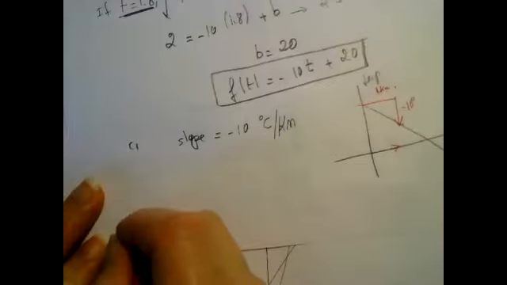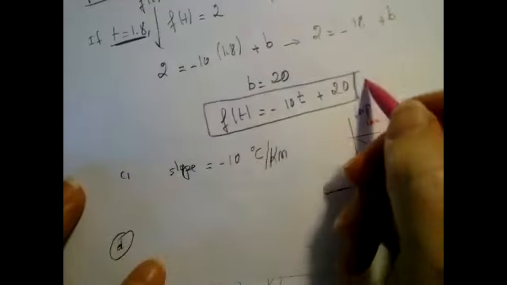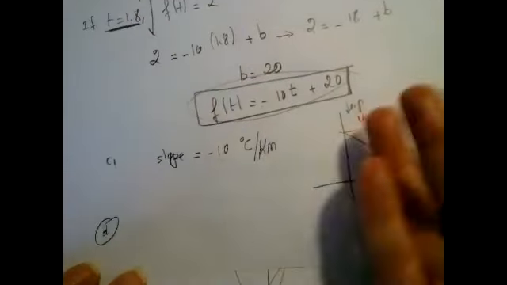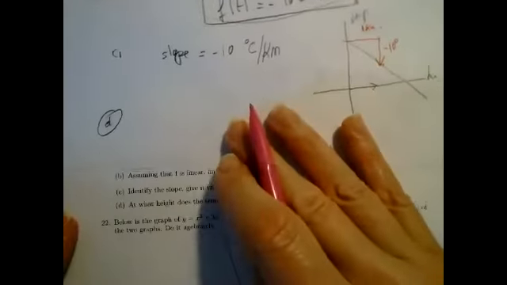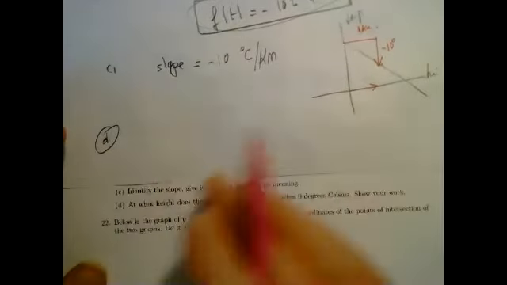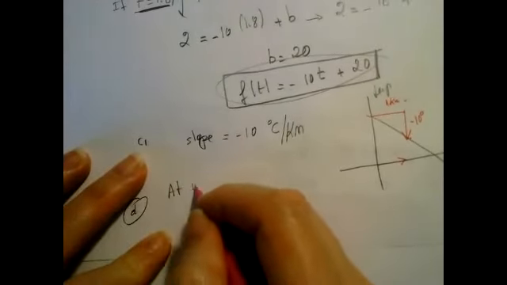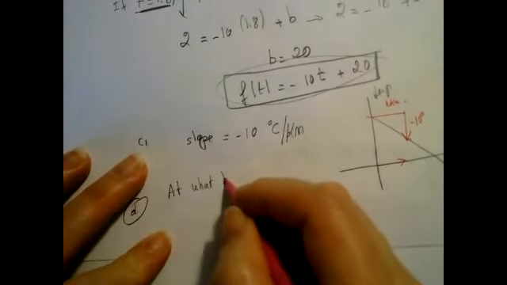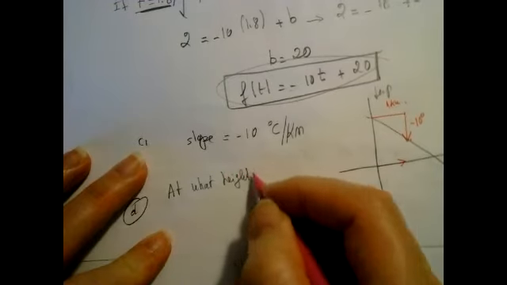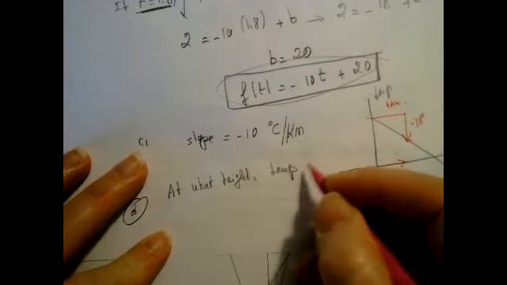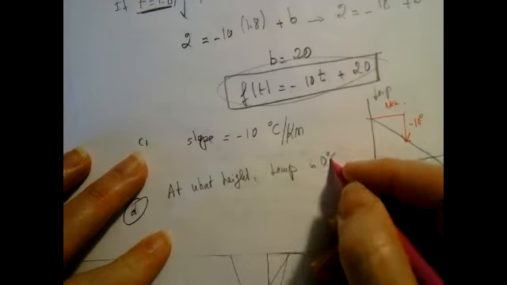Now, part D. So now I have a formula. So I know what f of t is. D was at what height the temperature of the air reaches 0? The temperature is 0.